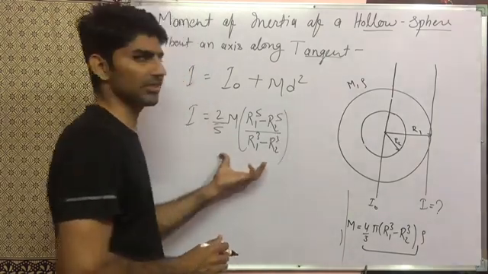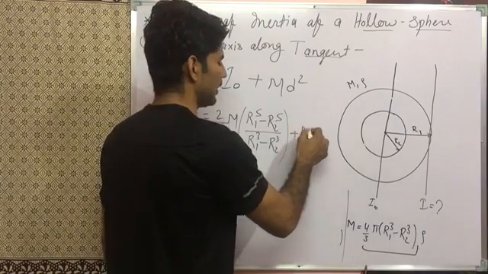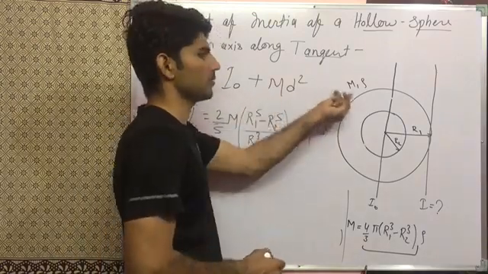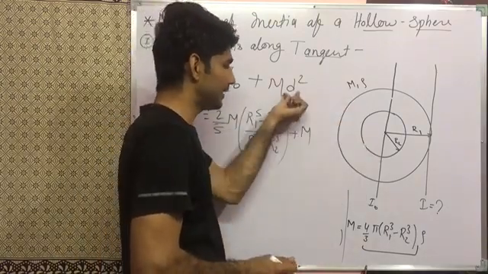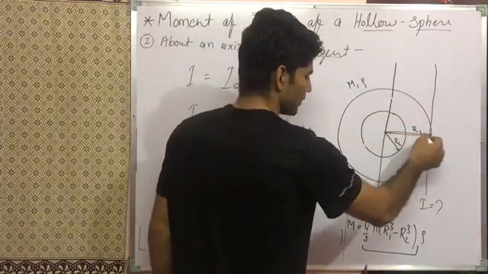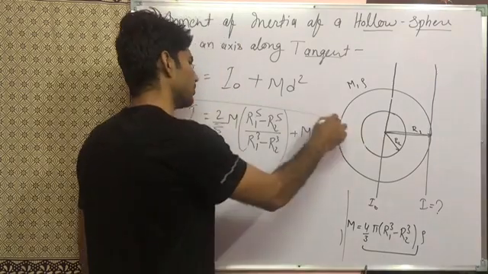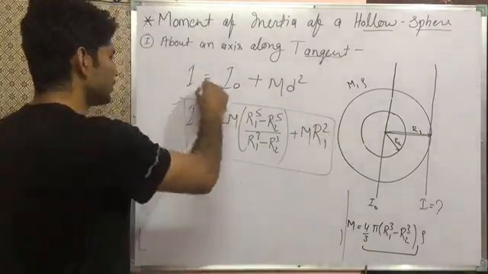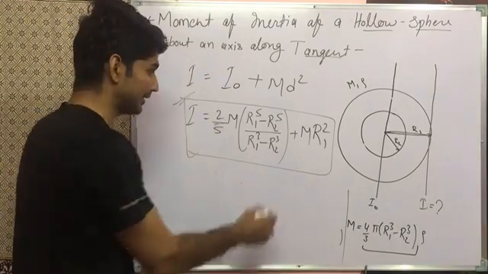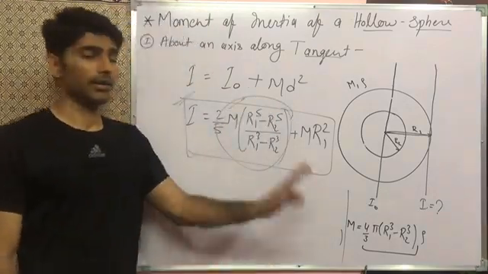This is the moment of inertia about the main axis, plus m, the mass of this sphere, and d is the distance between the two parallel axes, which is r1. So r1 square. So this is the moment of inertia about an axis along the tangent, and this is the moment of inertia about an axis along the diameter for a hollow sphere.